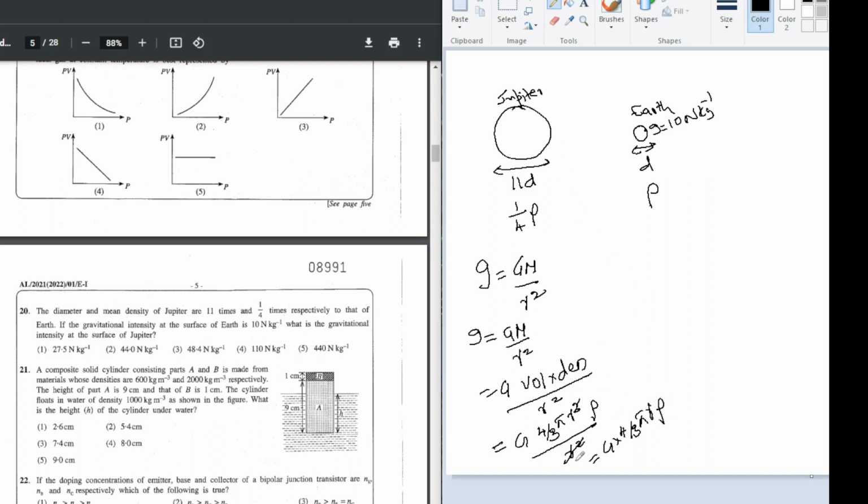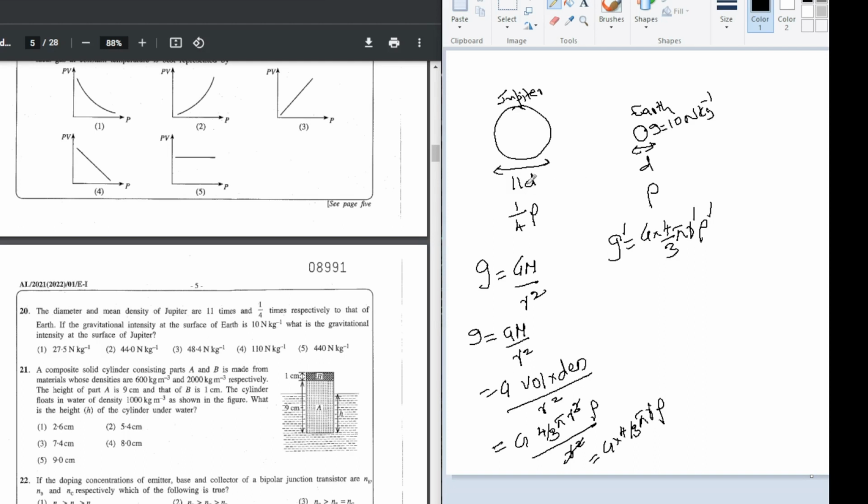By looking at the derived equation, we can write the gravitational intensity of Jupiter, g dash, equal to capital G into 4 over 3 pi. Now Jupiter's R we take as R dash, and Jupiter's density rho dash. Diameter of Jupiter is 11 times the diameter of the Earth.